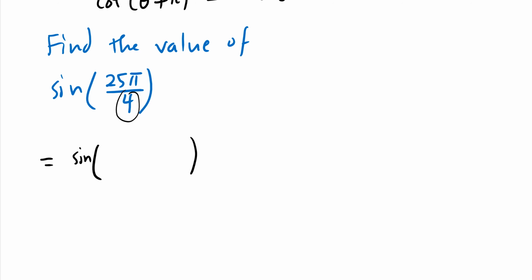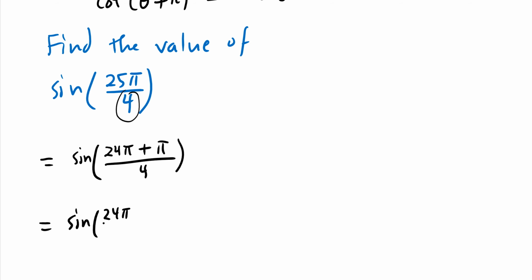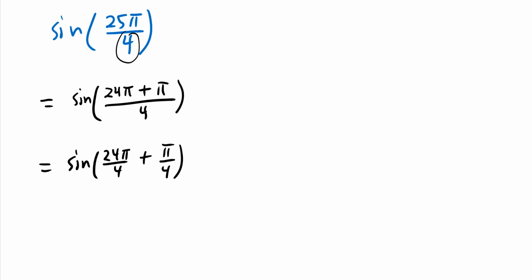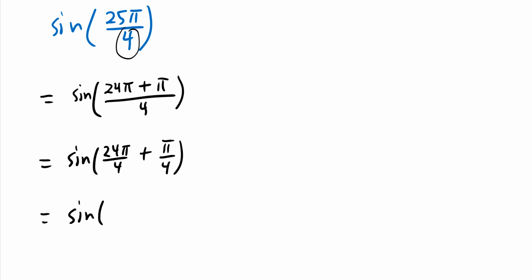That's 24, right? 24 pi. So you can rewrite that as 24 pi plus pi over 4. And using the algebraic property that we are allowed to break this down into two fractions, 24 pi over 4 plus pi over 4. That gives us sine of 6 pi plus pi over 4.